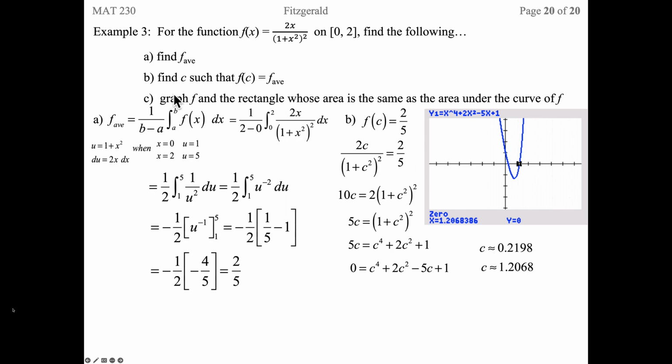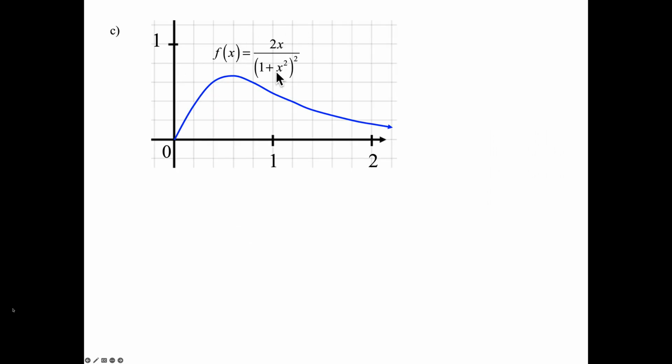So part C, graph f and the rectangle whose area is the same as the area under the curve. So again, I'll go to my calculator and get a picture of this function, and I matched it up. It's really close to the x-axis, so I kind of zoomed in, if you will.